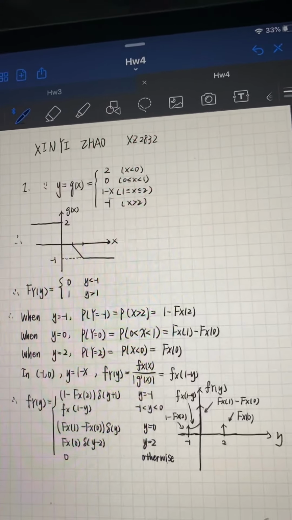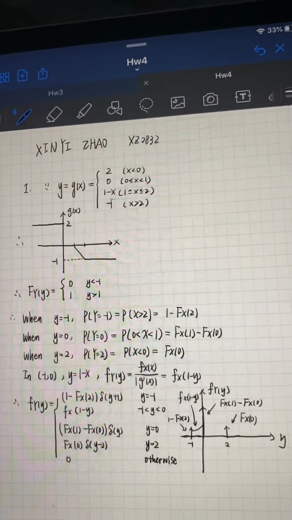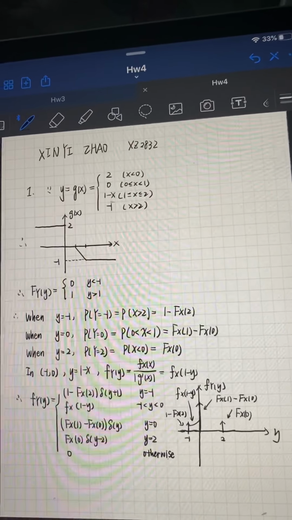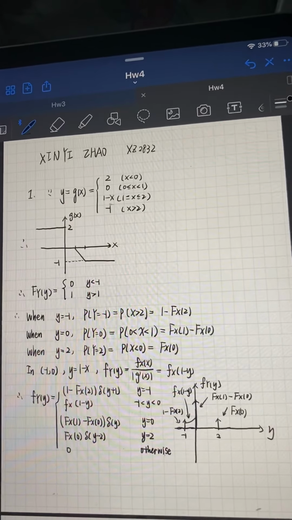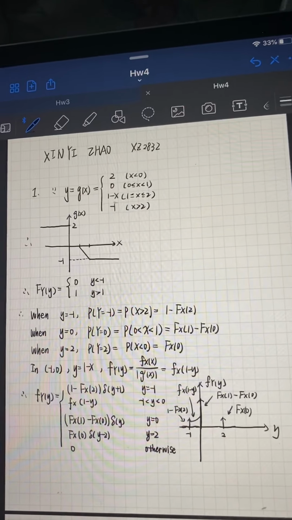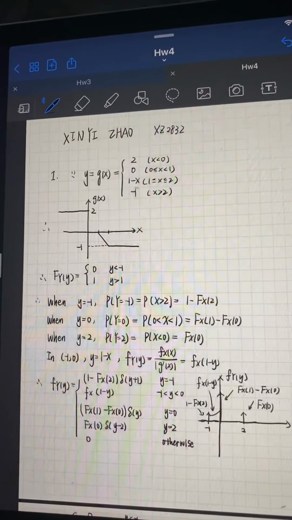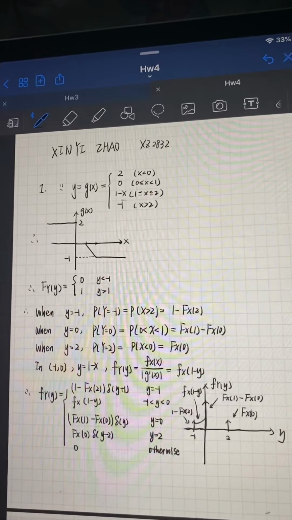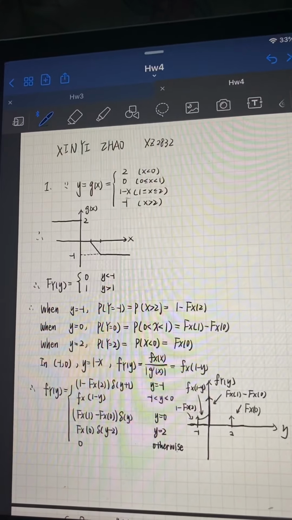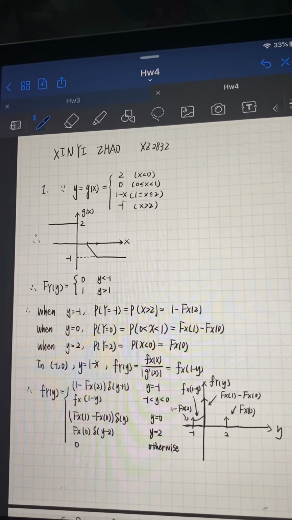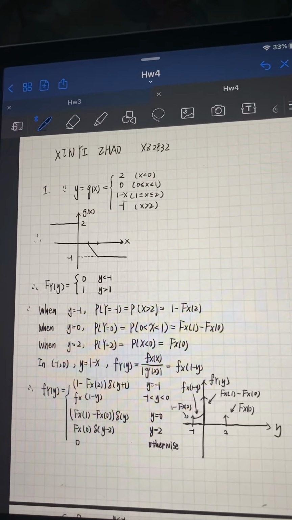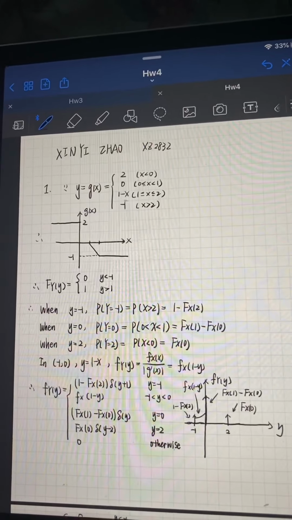So the lower fy is equal to lower fx divided by the absolute value of the derivative of gx, and that is lower fx of 1 minus y.